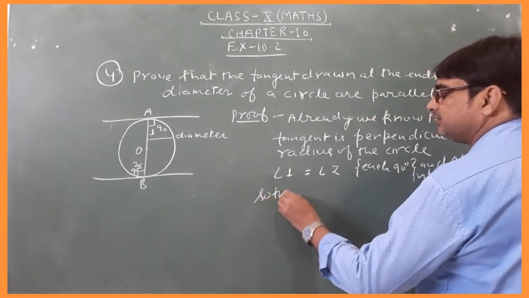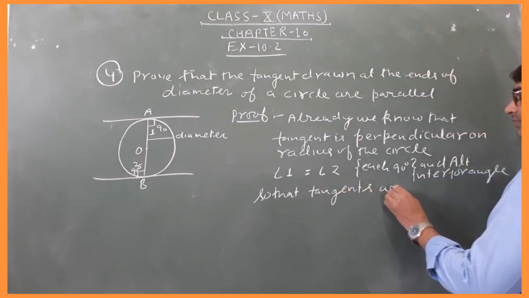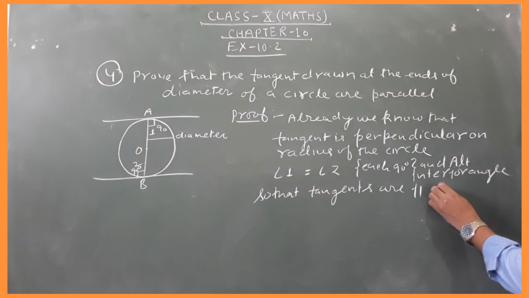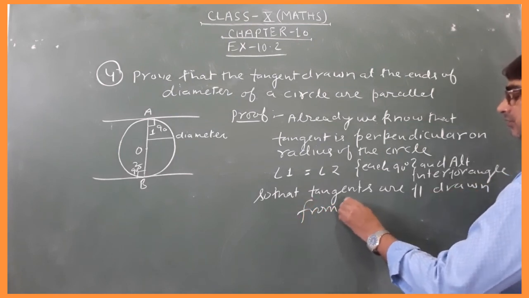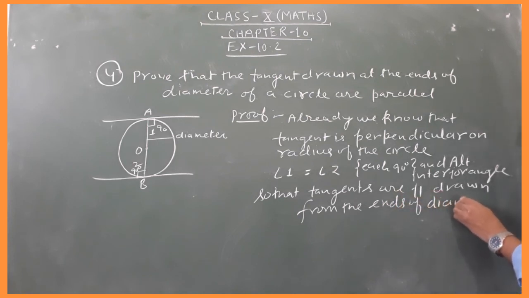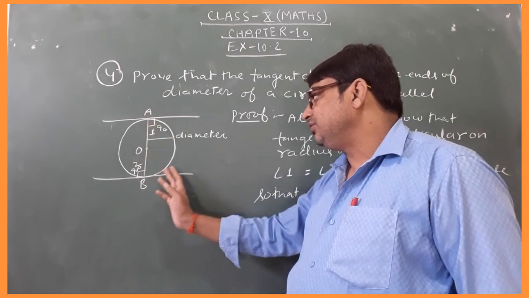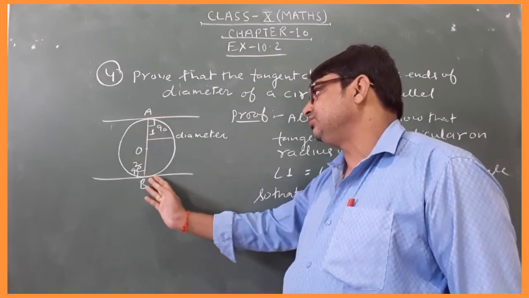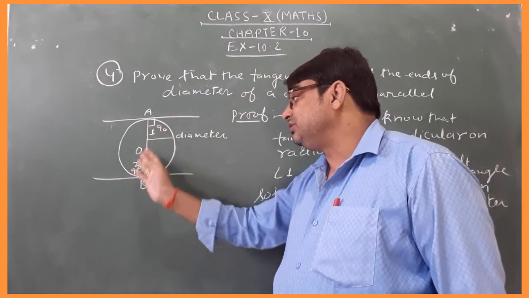So that tangents drawn from the ends of diameter के एंड से खींची गई जो भी टेंजेंट होगी वो क्या होगी? पैरेलल ही होगी एक दूसरे के, क्योंकि दिस एंगल इज इक्वल टू दिस एंगल and this angle is equal to that angle.